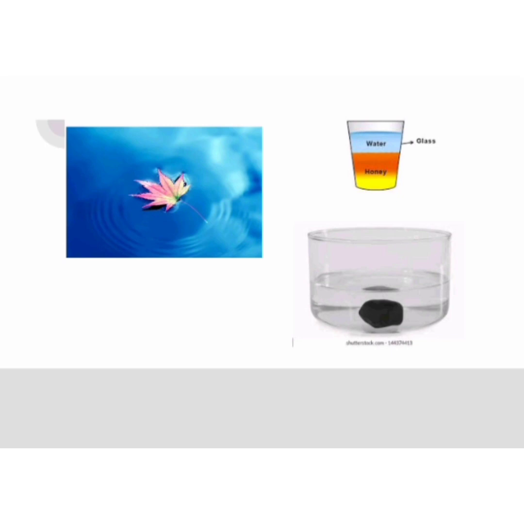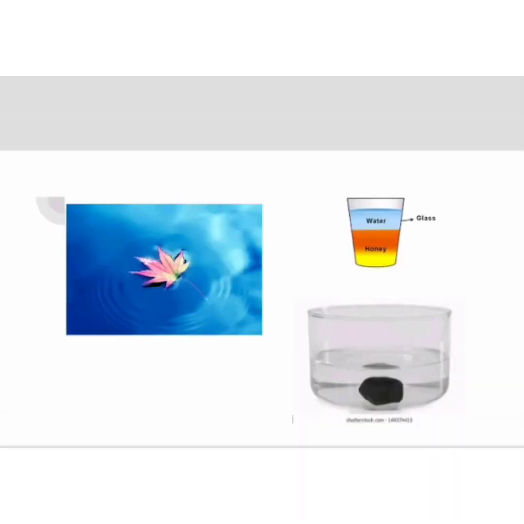The leaf floats on water and the honey sinks in water, and the stone also sinks in water. So based on these properties, solids and liquids sink or float on water.